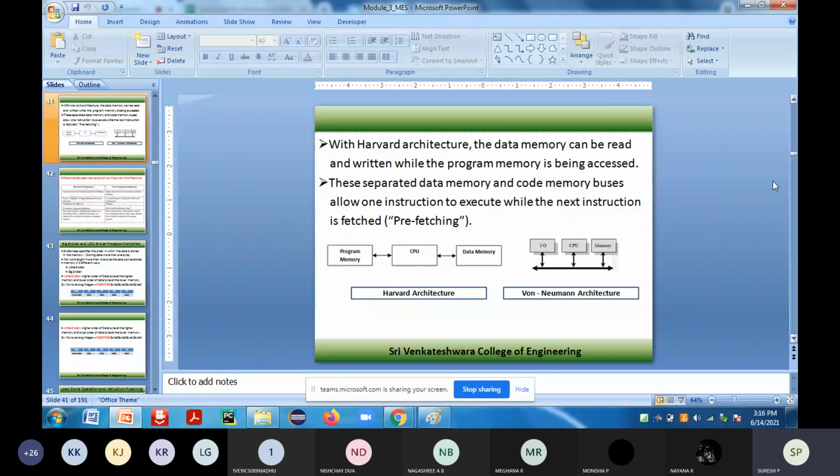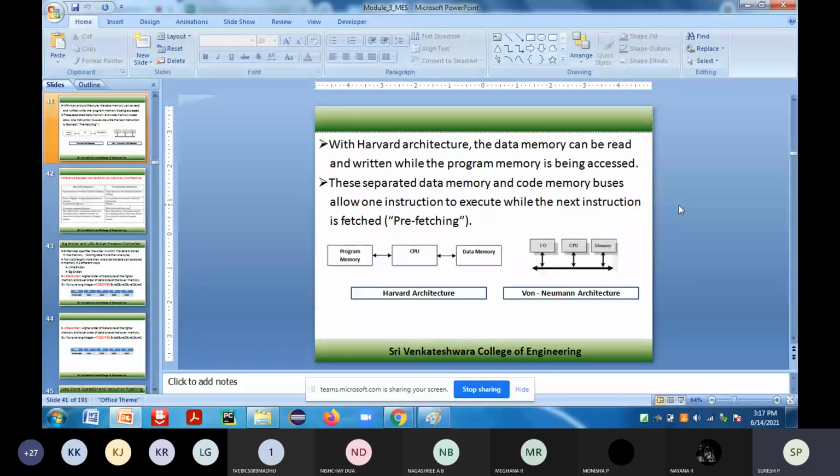From the figure, you can see that the separated data bus and code memory bus allow one instruction to execute while the other instruction is being fetched. That means you can achieve parallelism with the Harvard architecture.